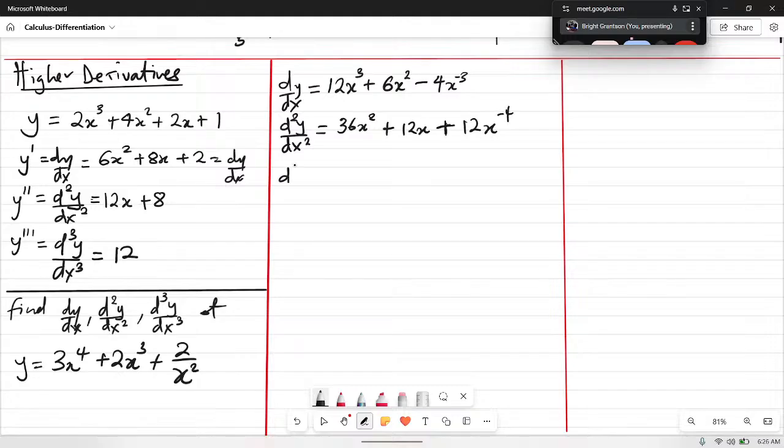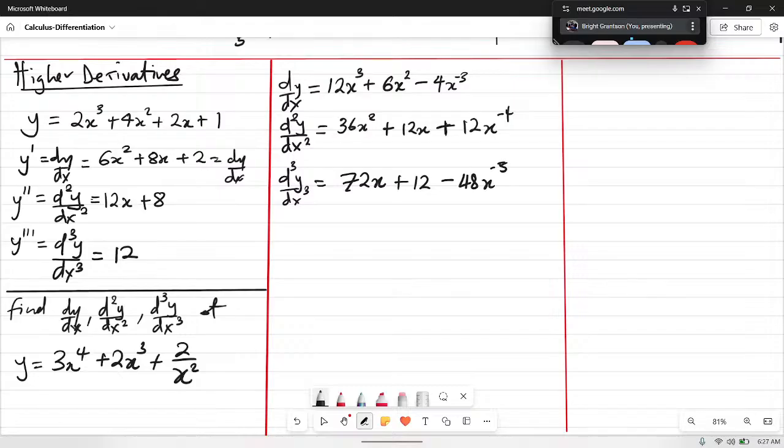And let's find the third one. 72x plus 12 minus 12x exponent negative 4.